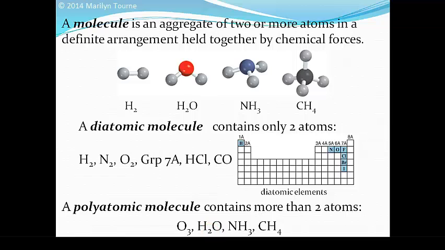So in total, there's 3 atoms. That O3, that ozone, there's 3 atoms of oxygen. That's what the little subscript means, okay? Methane, which is CH4, is a molecule, but is also considered a polyatomic molecule because it's got more than 2 atoms. It's got 1 atom of carbon and how many of hydrogen? 4 of hydrogen. So those are the differences between the different types of molecules.